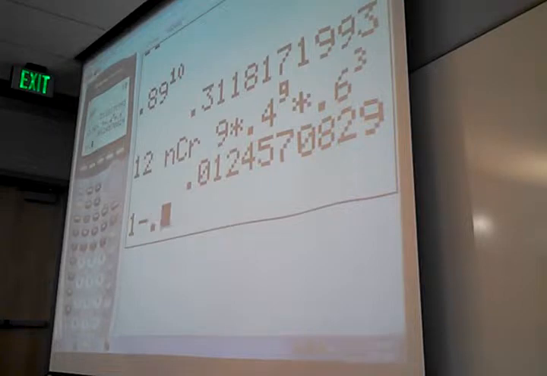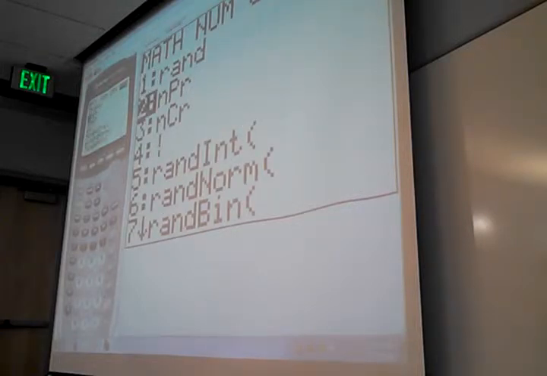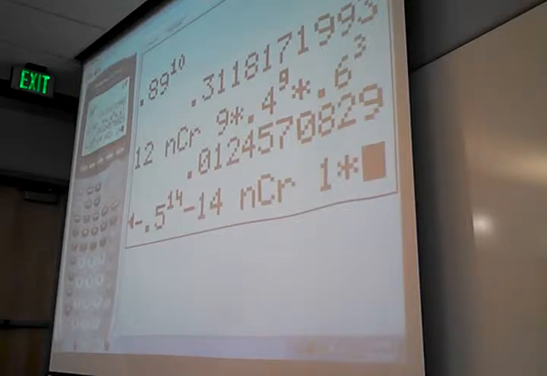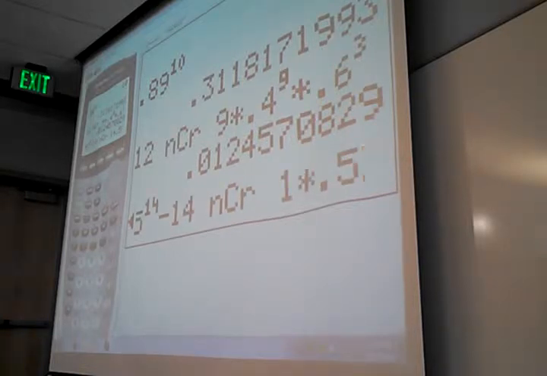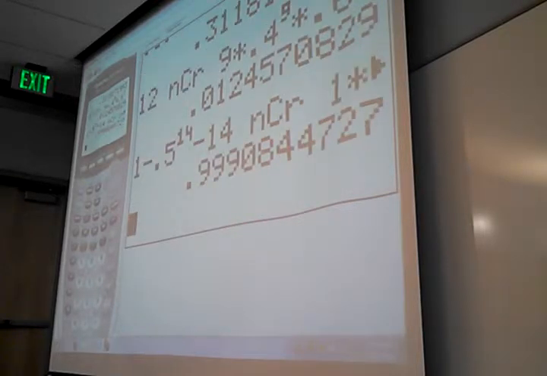That's the probability of none, minus 14 choose 1 times 0.5 to the 1 times 0.5 to the 13. So do you get that? 0.9991 basically.